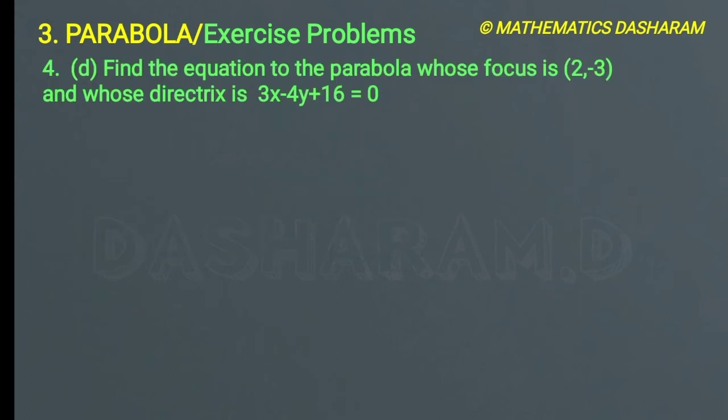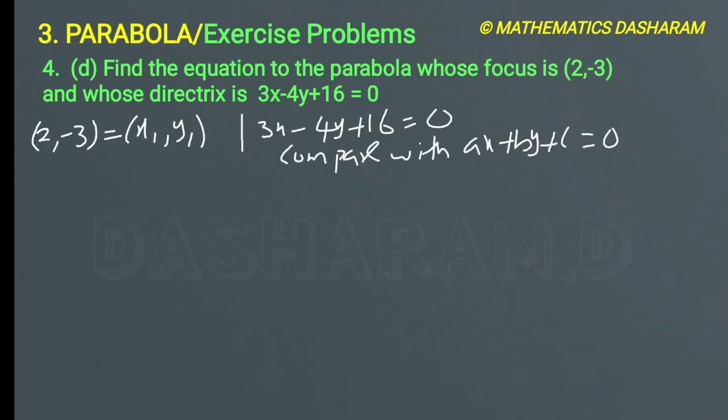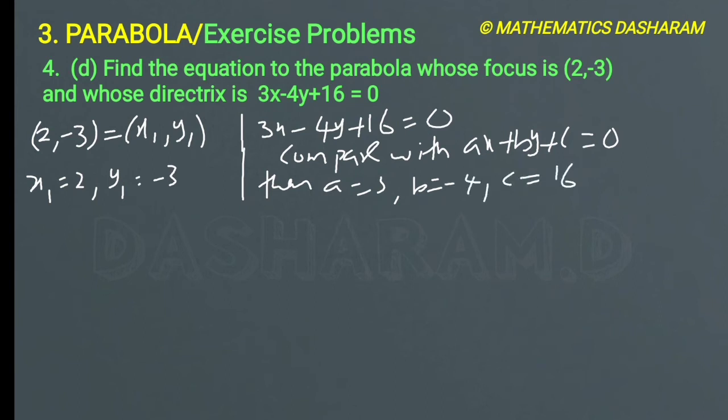Next, part D question: find the equation of the parabola whose focus is (2, -3) and directrix is 3x - 4y + 16 = 0. So here x1 is 2, y1 is -3. Then a value is 3, b value is -4, c value 16.